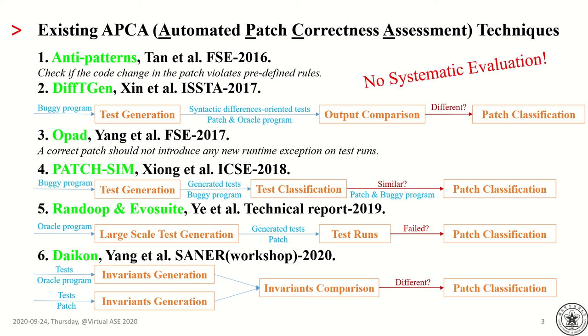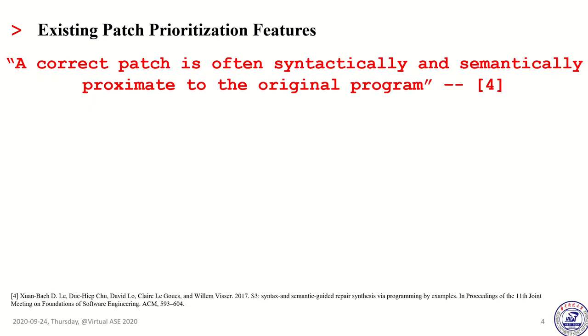Although huge efforts are made, the effectiveness of existing techniques has not been systematically studied and compared, so our study aims to bridge this gap. We also note that many studies have proposed to leverage static code features to prioritize correct patches.